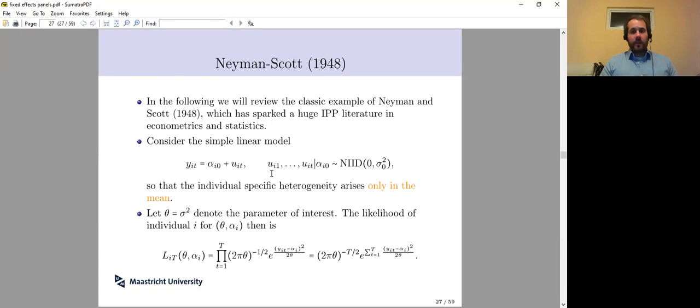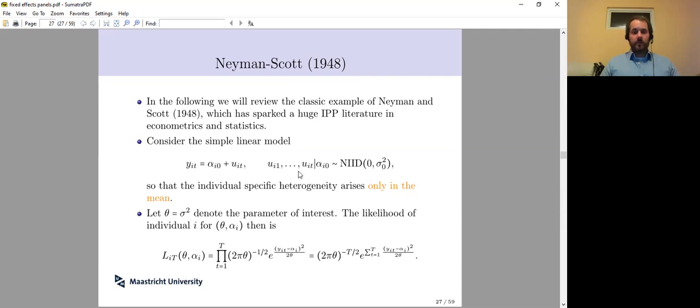Now, Jerzy Neyman and Elizabeth Scott noticed this already in 1948, so a long time ago. And this model has sparked a huge literature, both in econometrics and statistics, and this literature is still ongoing. And the model is extremely simple. Let's say we have a model, y_it is equal to alpha_i0 plus u_it.